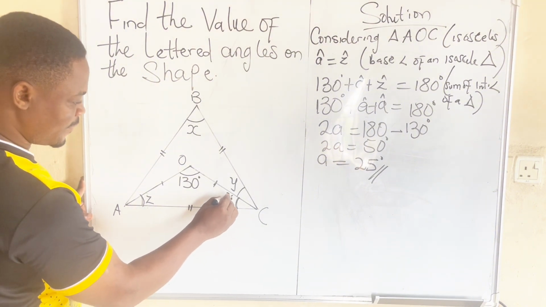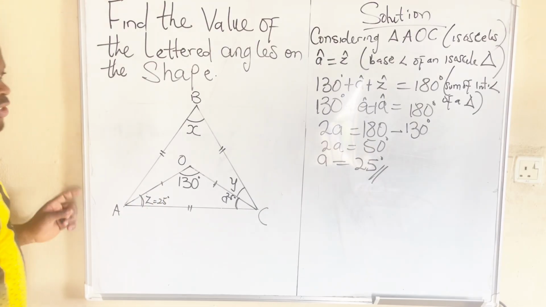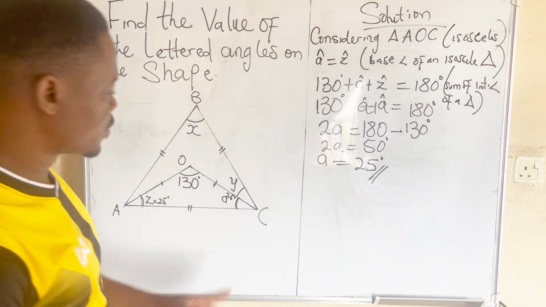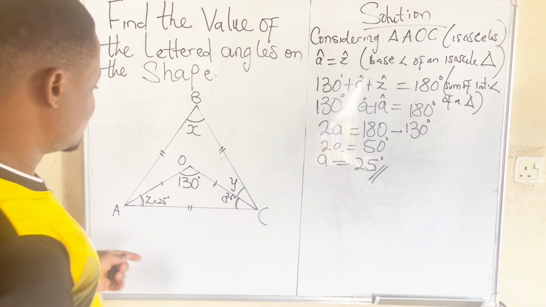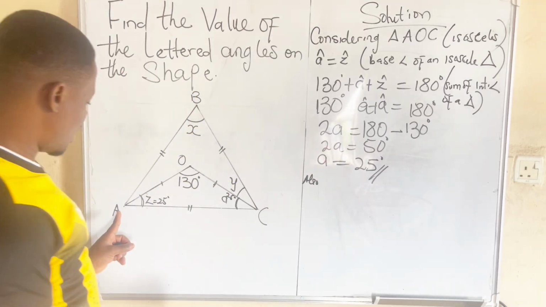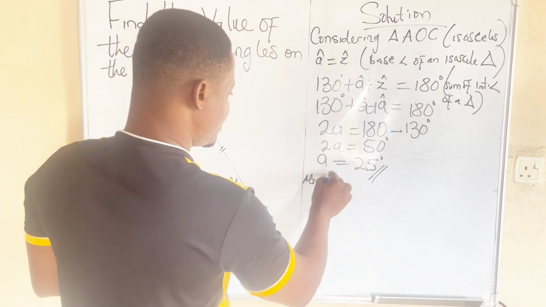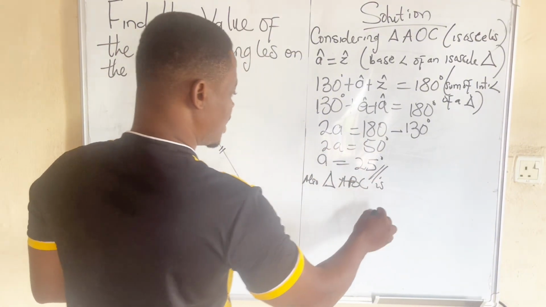So here is 25, and here is also 25, because A is equal to Z. Now, to get the value of Y, we have already established that this triangle ABC is equilateral.